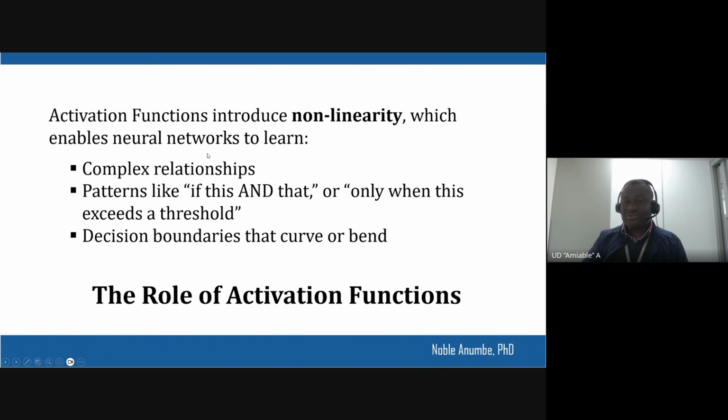So if I'm trying to navigate something complex, I need to change those straight lines into nonlinear lines. Patterns like if this and that, or only when this exceeds a threshold. If I'm trying to make a decision, like if this happens, do this; if this happens, do this.